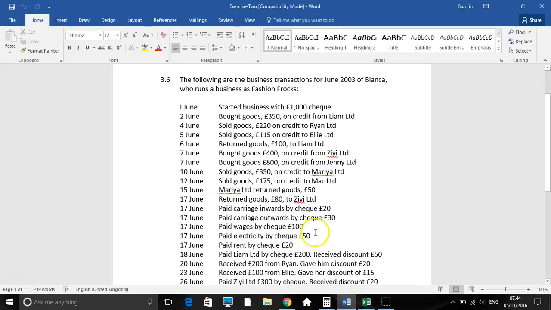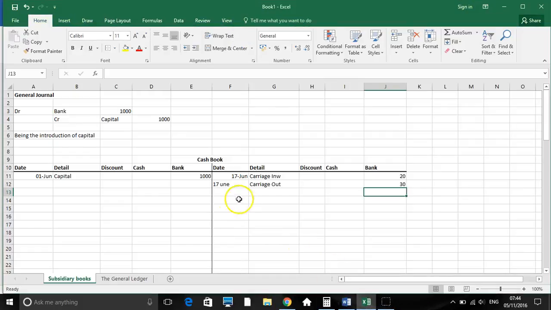And then what else did we do? So we paid wages all on the 17th. Let's see if we can do all that together. Remember, wages for 100, electricity for 50, rent for 20. So let's do that. 17th of June again.